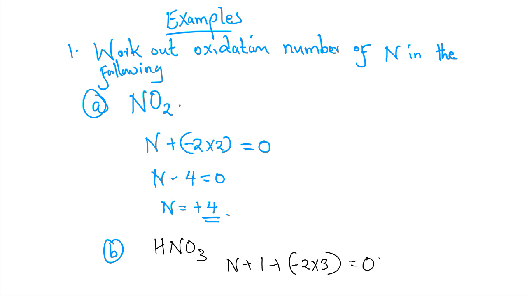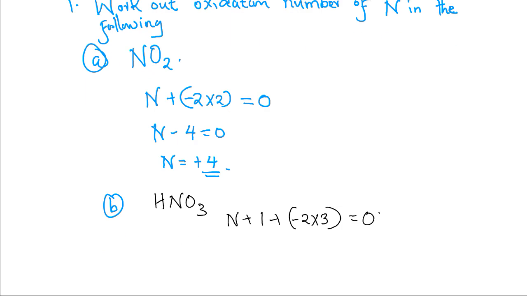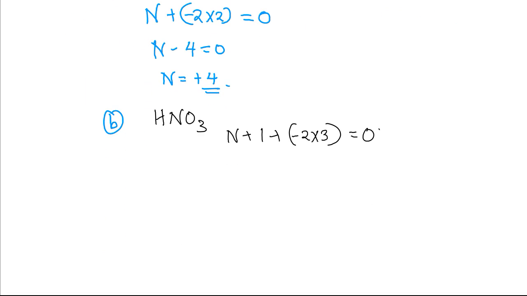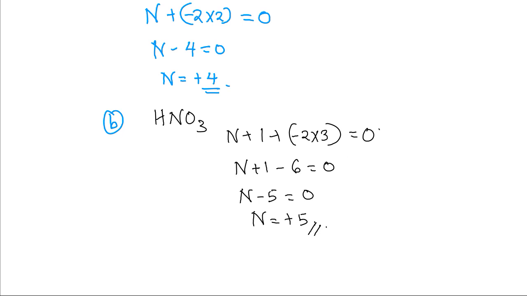Overall is 0, and that will give N plus 1 minus 6 equals 0. N - 5 is 0. N is +5. And because this is the oxidation number of nitrogen, the acid is given the name nitric 5 acid.